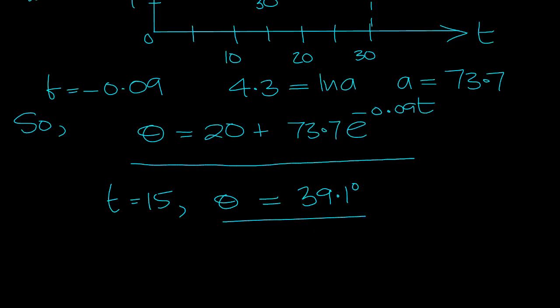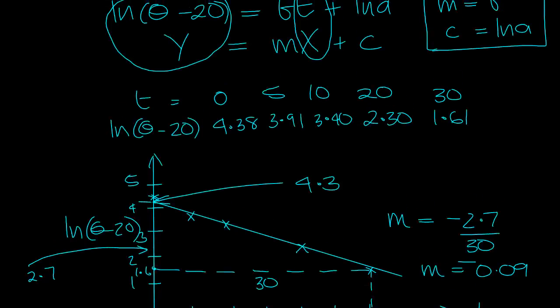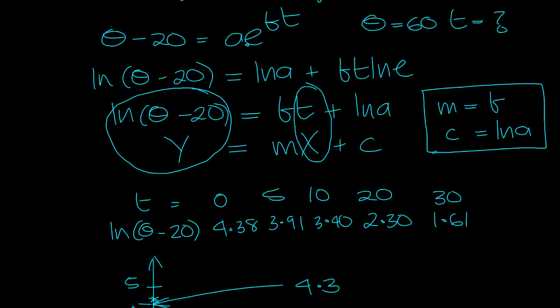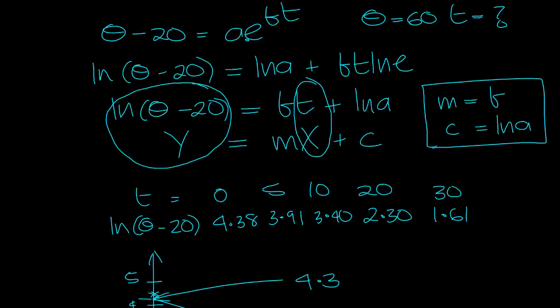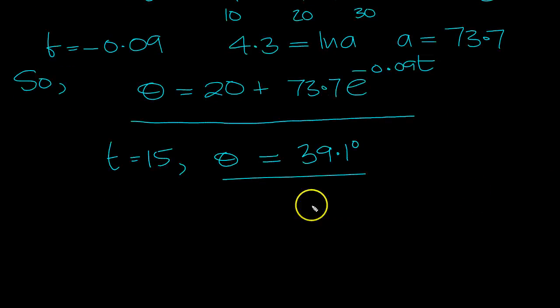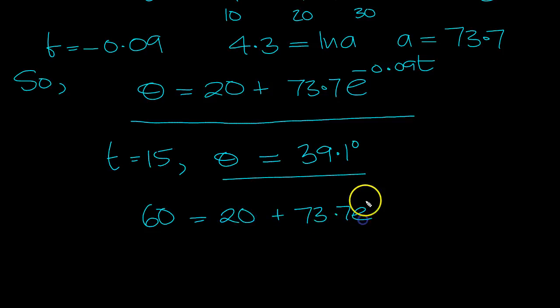That's the first one. The other thing is we're now told theta equals 60. What does t equal? So 60 equals 20 plus 73.7 e to the minus 0.09t. Take the 20 over there, you get 40. Once the 20's moved, we can move this from times down to divide.